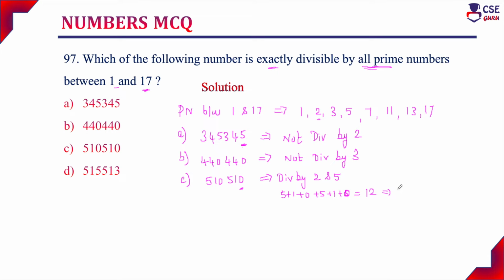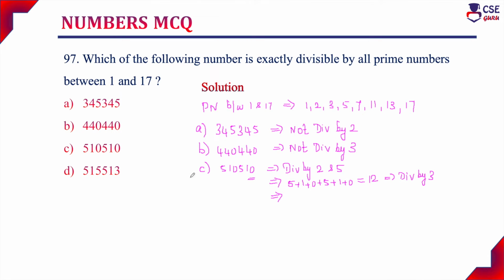So it is divisible by 3. Next, we need to check divisibility by 7. 510510 divided by 7, you will get 72930. So it is divisible by 7.